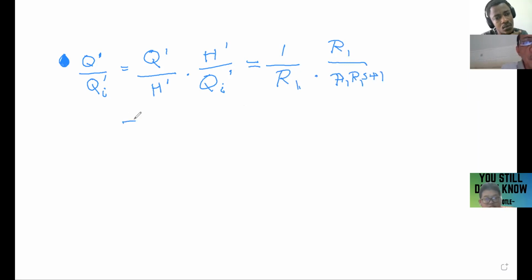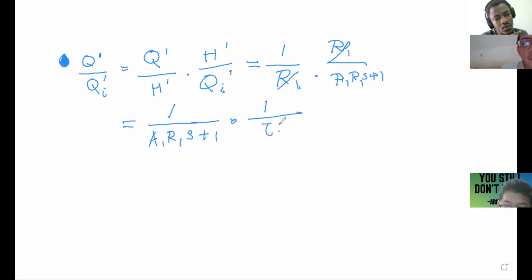And this will be equal to, because this can be crossed out, only 1 over A1 R1 s plus 1, which is 1 over tau 1 s plus 1. Okay? Do you agree?